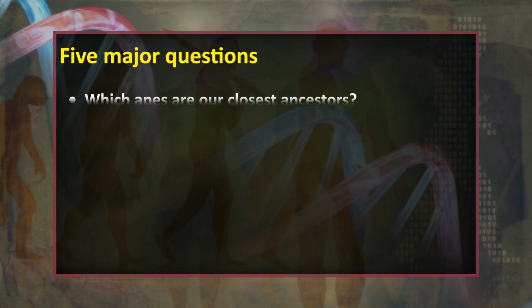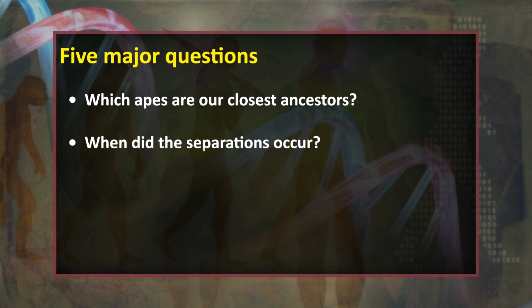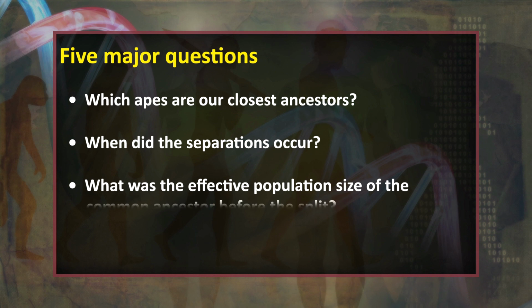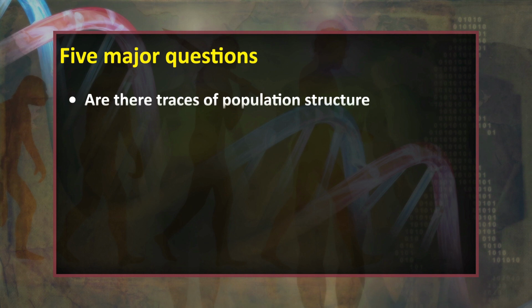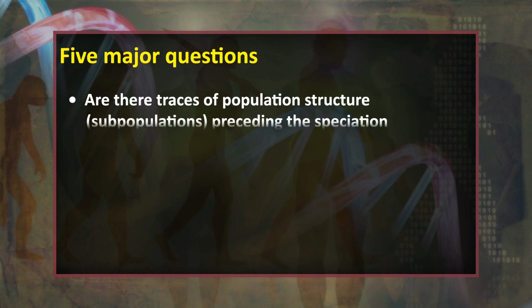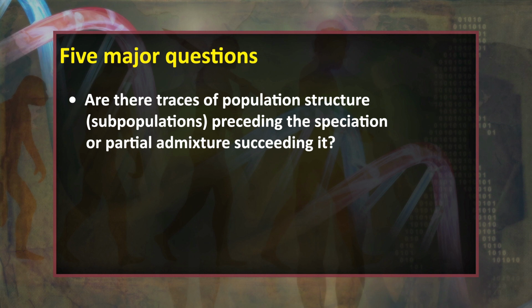The first among them is, which apes are our closest relatives? Number 2, when did the separations occur? Number 3, what was the effective population size of the common ancestor before the split? Number 4, are there traces of population structure, that is subpopulations, preceding the speciation or partial admixture succeeding it?